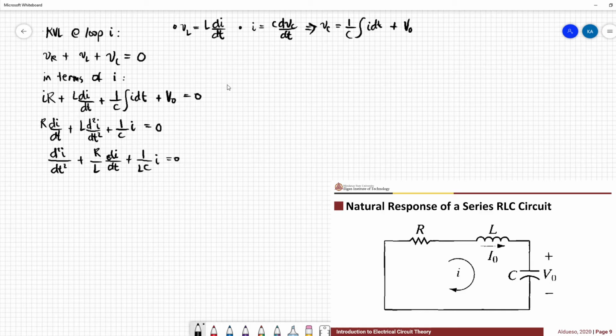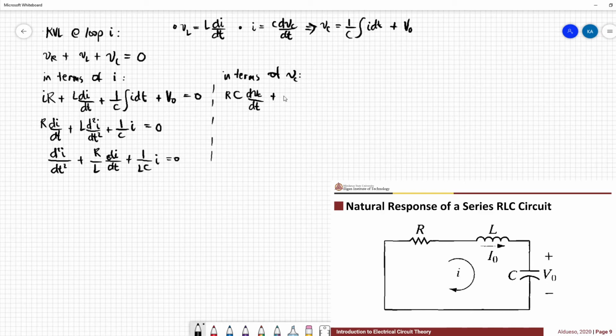In terms of voltage VC, our equation becomes, I can be expressed as C dVC/dt. So VR can be expressed as R times C dVC/dt. So take note that I is C dVC/dt.